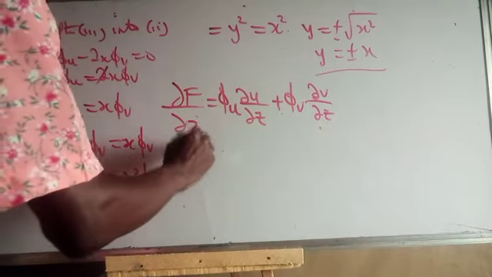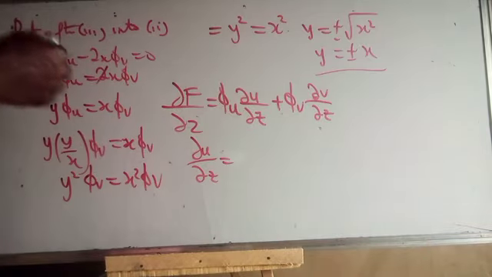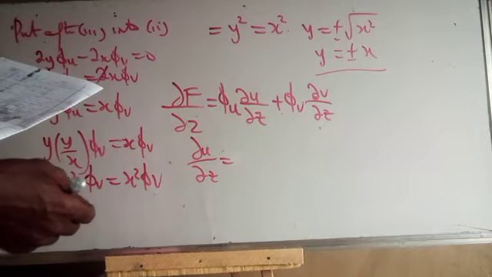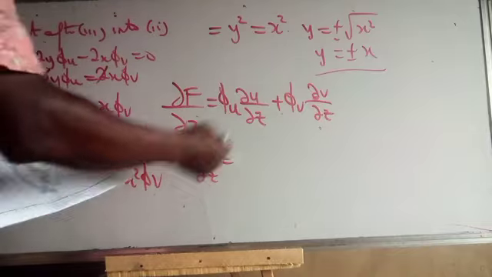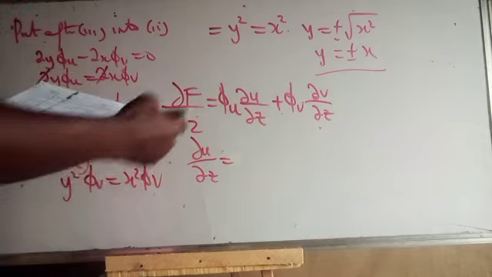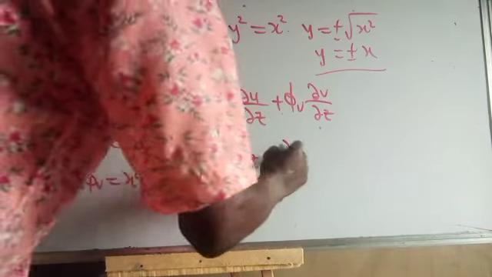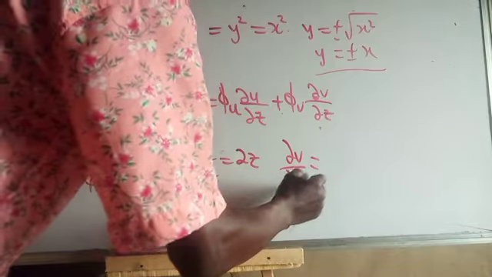Okay, so our du dz will be what? Let's look at the given equation. The given equation is x squared plus y squared plus z. So if you differentiate u with respect to z, the first argument, we are going to have 2z. Very good.